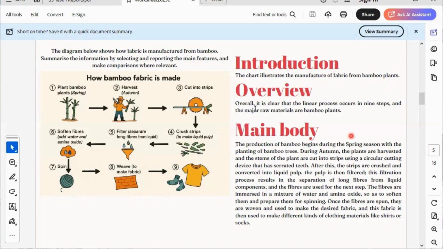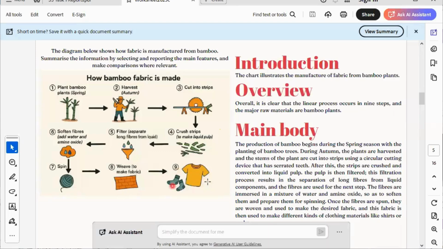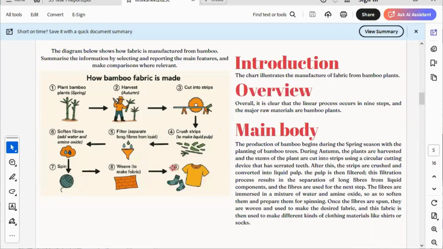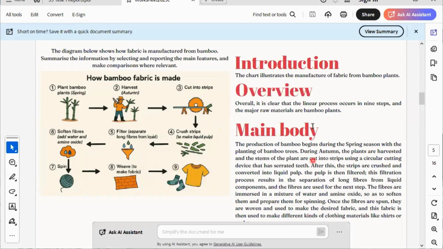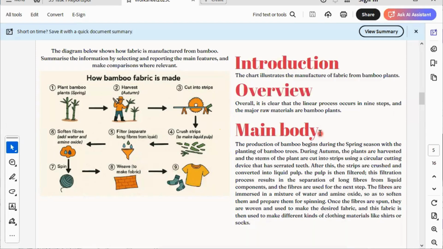After the introduction, we'll move to the overview. Overall, it is clear that this is a linear process. What is a linear process? A linear process is a process that starts at a point and ends at another point that is not connected to the starting point. The opposite of a linear process is a cyclical process. So this one is a linear process.